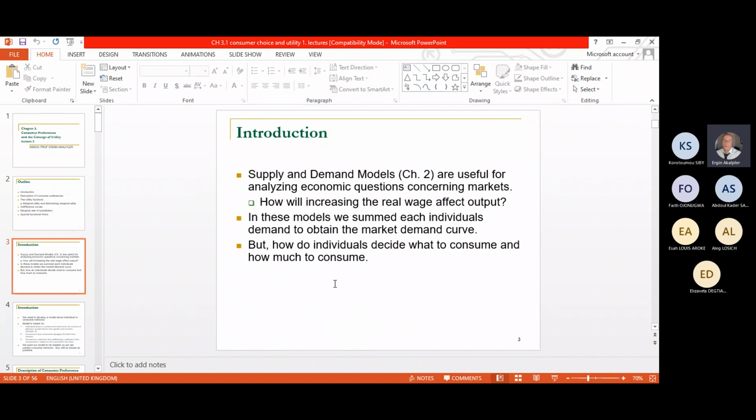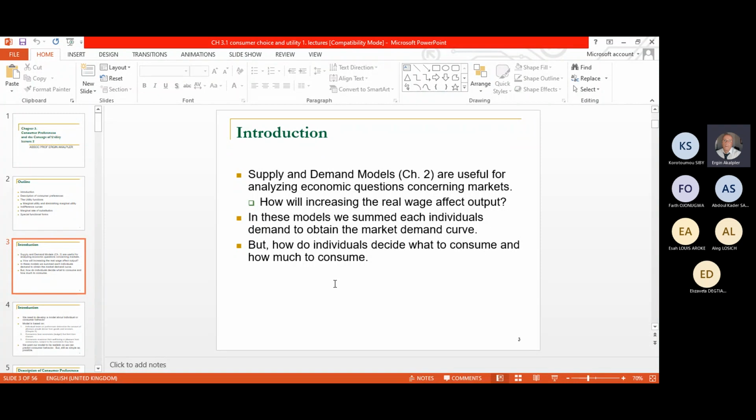The supply and demand model, which was exercised and analyzed in the former chapters, is now going to be deepened with the demand side. Now we are going to the utility, which mostly concerns consumers' preferences and consumer surplus, and how to increase and enlarge it, and what the real wage effect on output is.